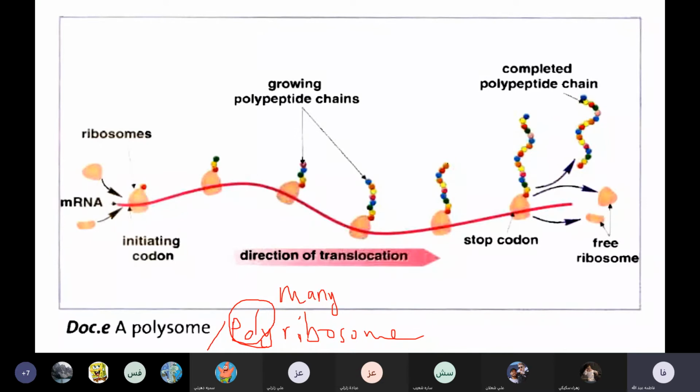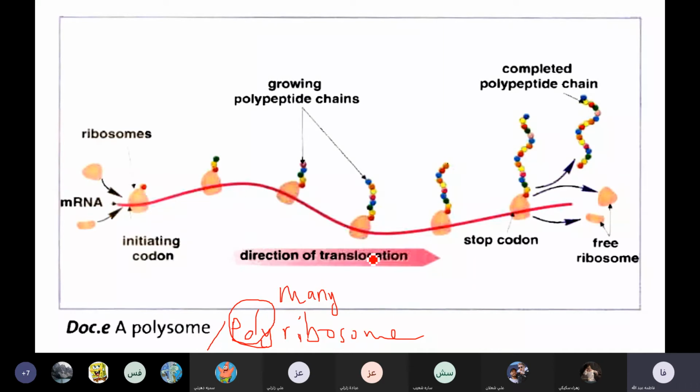It is the same messenger RNA, as you can see in the figure, where many ribosomes are moving along the same messenger RNA. I have many ribosomes moving along the same messenger RNA. This is called a polysome or a polyribosome.